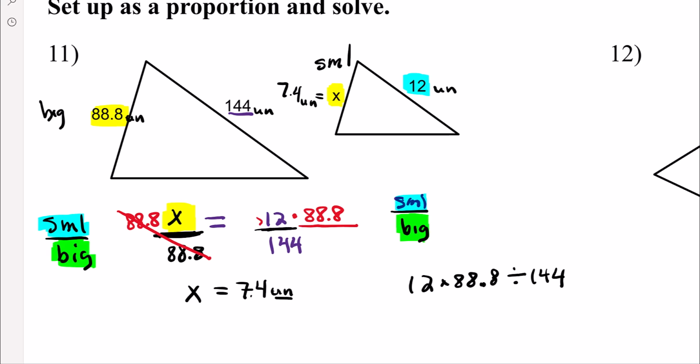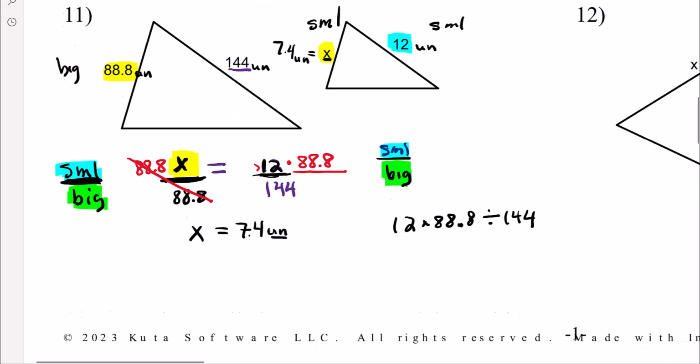So label. This is on the small shape. The x is in the numerator. That means the small values go in the numerator. This is the small shape too. This 12 is part of the small shape. So we have to put 12 in the numerator. All right.